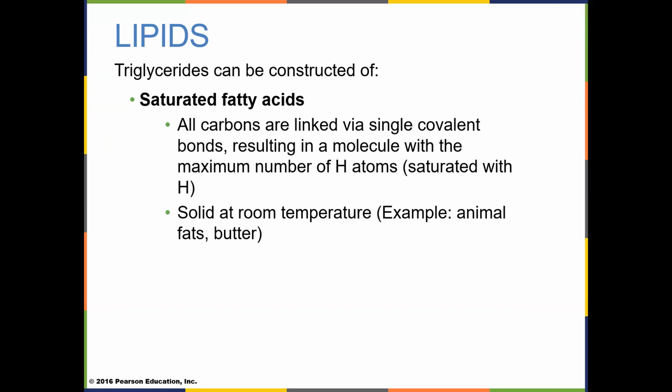It's saturated with hydrogens. So in your chain of carbon atoms, every carbon atom is going to be linked to 2 other carbon atoms and to 2 hydrogens, except the one at the end, which will have 3 hydrogens. And so the maximum amount of hydrogen atoms are present here.